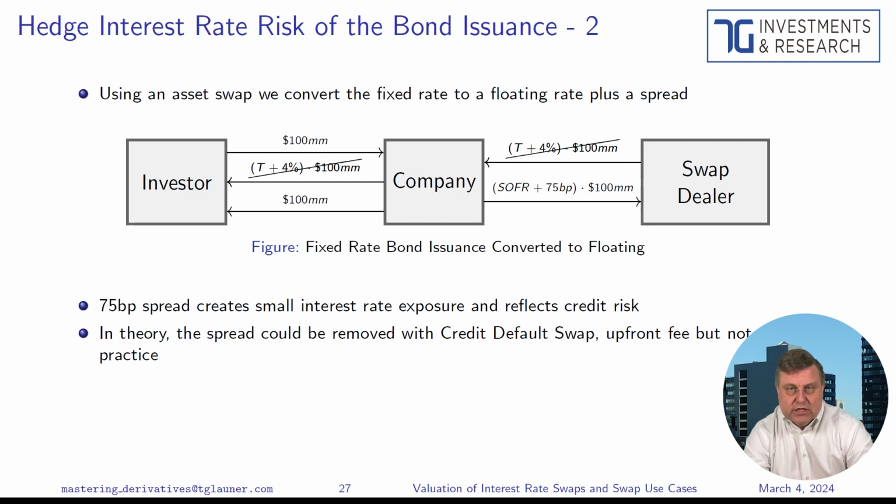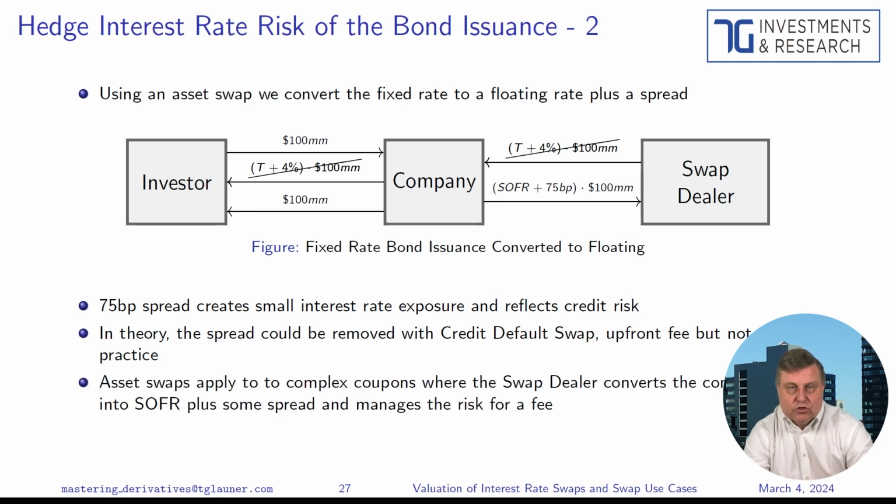Nonetheless, companies can layer multiple trades to eliminate various risks inherent in financial products. Asset swaps can also address complex coupon structures, for instance, callable bonds with conditional payouts or range accruals, whereby swap dealers take on specific coupon risks, fixed or complex, allowing companies more flexibility in their dealings with investors, as those risks are neutralized.